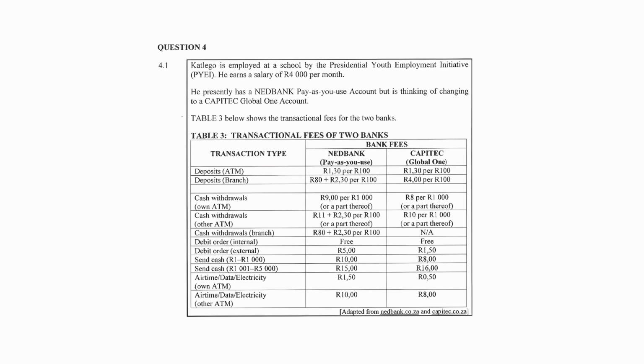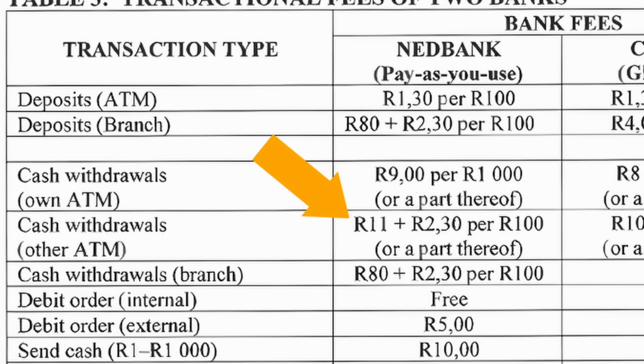Next, for the cash withdrawal at other ATM, the fee is 11 Rand plus 2.50 Rand per 100 Rand or part thereof. As previously stated, this phrase tells us that if we withdraw any amount less than a multiple of 100 Rand, we will still pay the full 2.50 Rand as if it is a full 100 Rand.